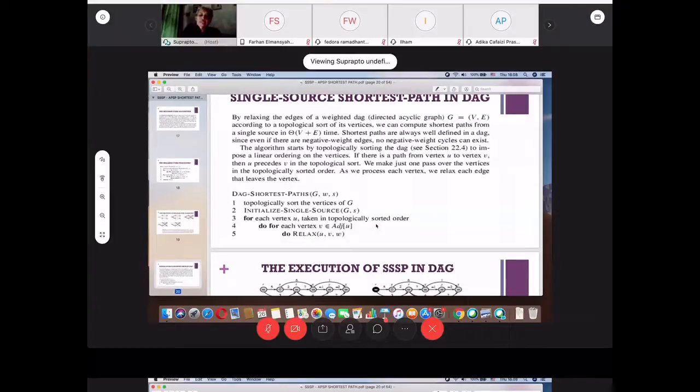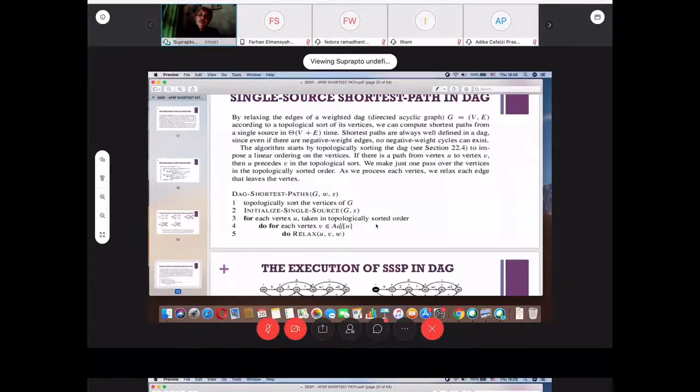So it depends on the result of the topological sort, right? And the result of topological sort depends on the selection of the nodes when we try to find the DFF, remember?